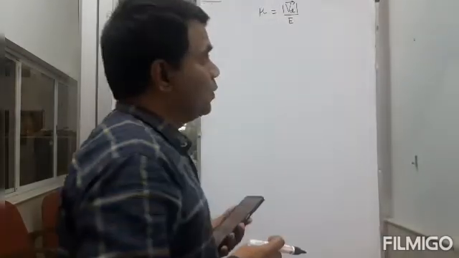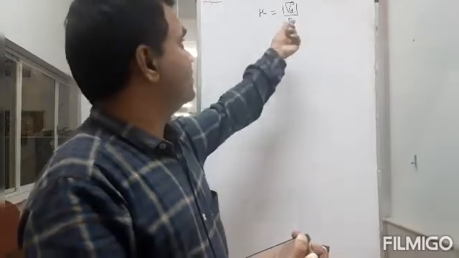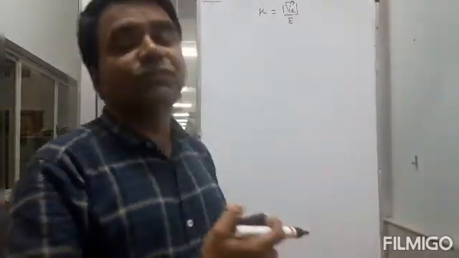So per unit field, what would be the drift velocity of the electron? Clearly the drift velocity will change if E is changing. E is dependent on the voltage that you maintain, right? So if the voltage increases, then the current will increase, as you know.